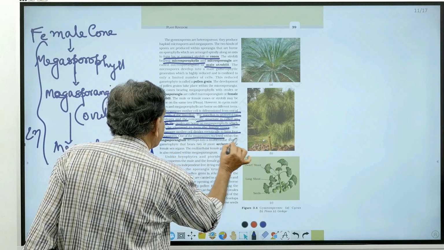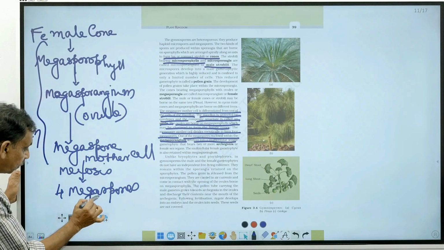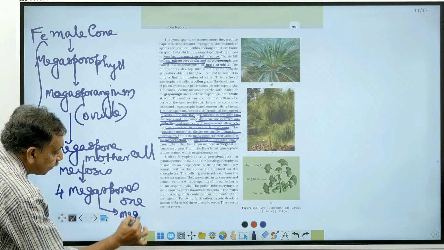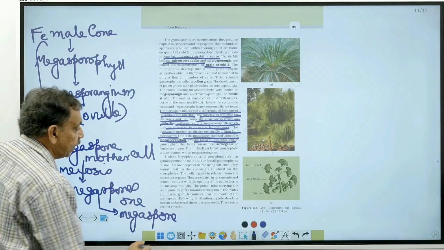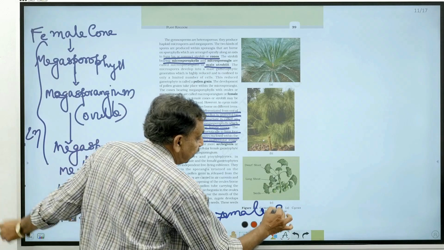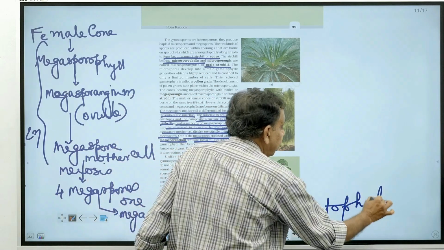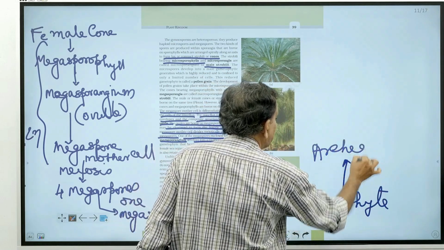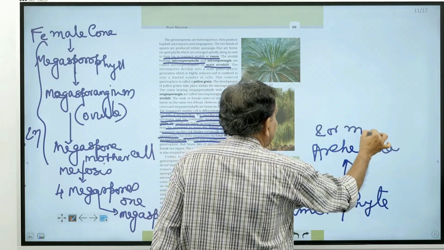One of the megaspores, enclosed within the megasporangium, develops into the female gametophyte. Only 1 megaspore develops. This female gametophyte bears 2 or more archegonia.